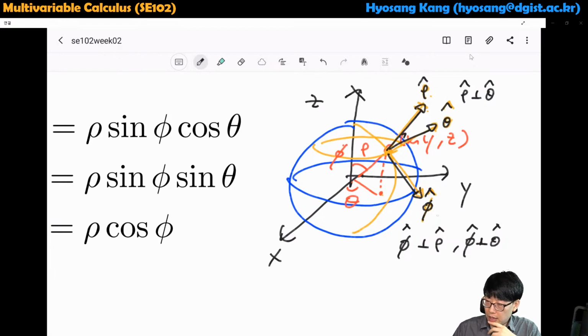We get phi by taking the direction perpendicular to both rho and theta, and the easy way to do that is by taking a cross product. The order is important, otherwise you get the negative direction. So you take theta first and then rho next. That way you get the correct direction of phi by the right-hand rule.